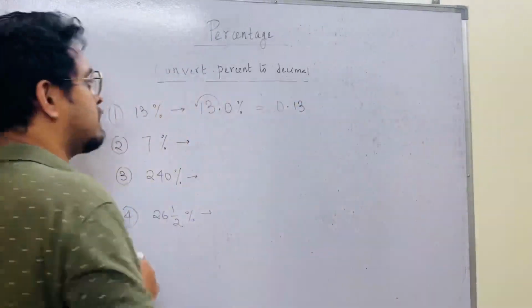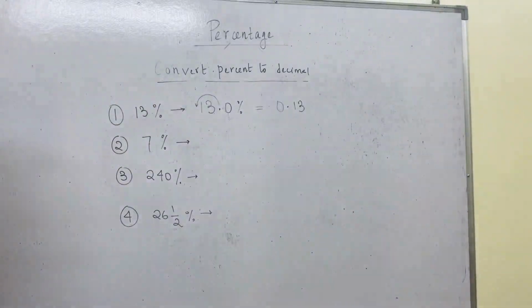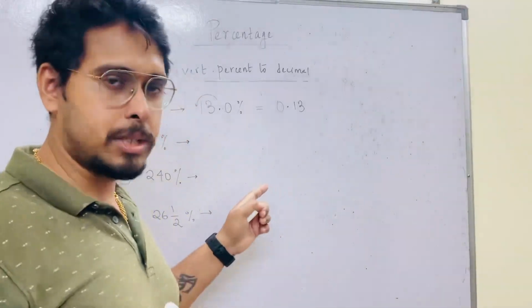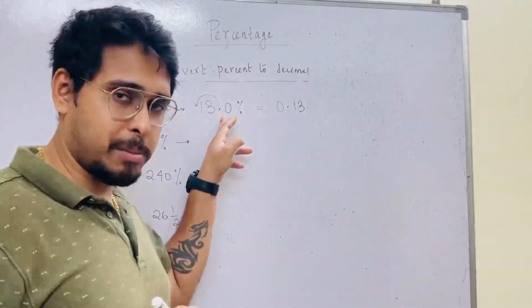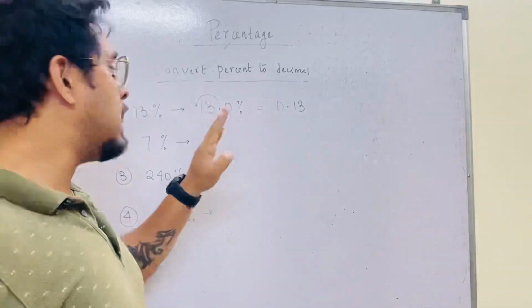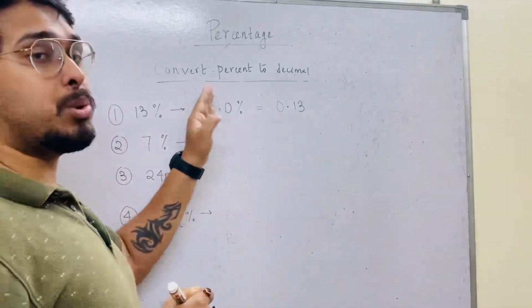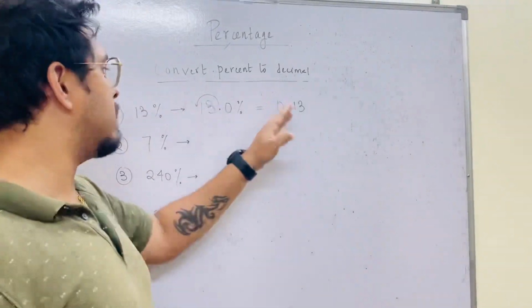That is the decimal form. So we located the current position of the decimal point in the percentage, and then moved it 2 digits to the left, and that gave us the decimal value.